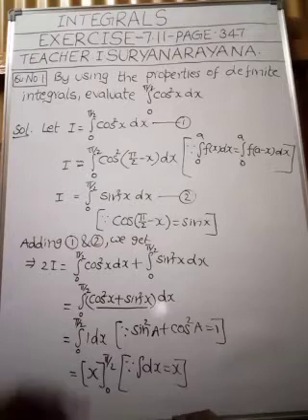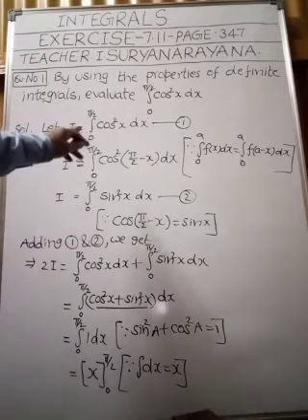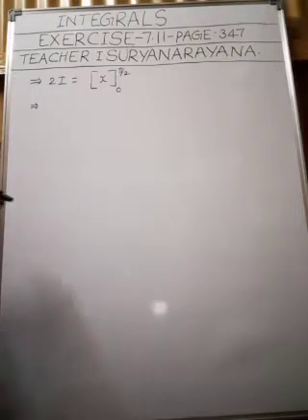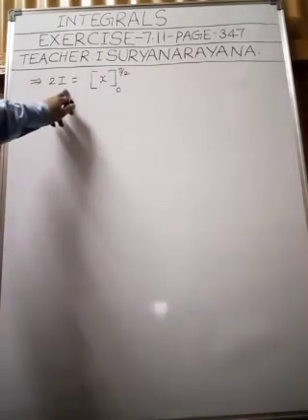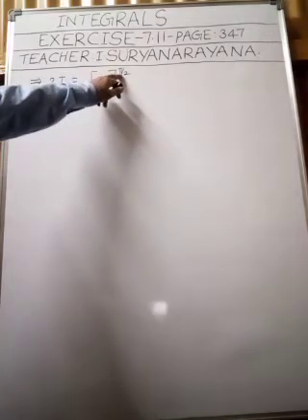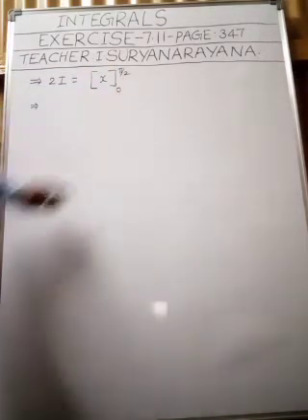See how much easier it is to evaluate this definite integral by using the appropriate properties of definite integrals. Okay, my children? Right. This implies 2I is equal to x from 0 to pi by 2. Here the upper limit is pi by 2 and the lower limit is 0.